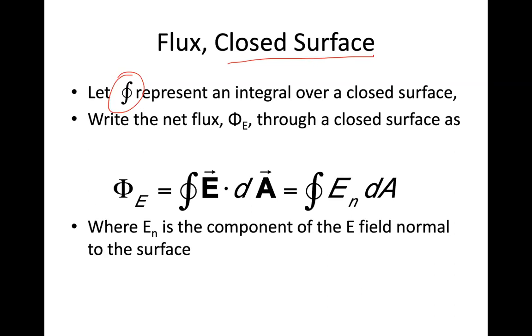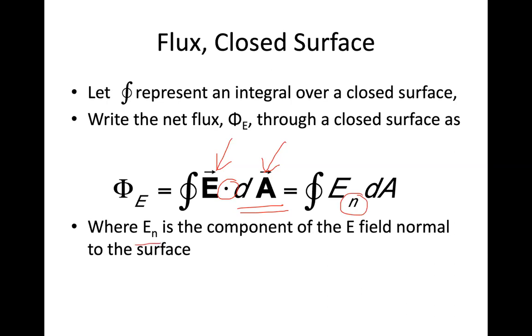Once I have that, then I can write the electric flux. It is vector calculus. It is the dot product, the parallel component of the E vector and the dA vector, but I have to remember that dA is normal to the surface, not along the surface, which I can also write as En times dA.